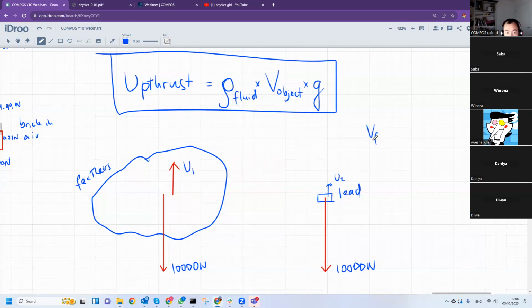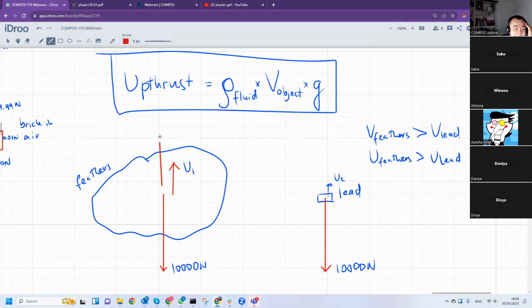Because the volume of feathers is much bigger than the volume of lead, the upthrust on feathers that helps you lift is bigger than the upthrust on the lead. So because you are suspended in a fluid, the fluid is called air, that air helps you lift things. That means you need a smaller force to lift the feathers.